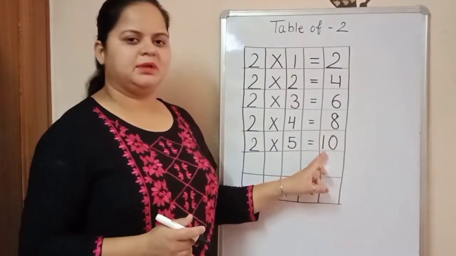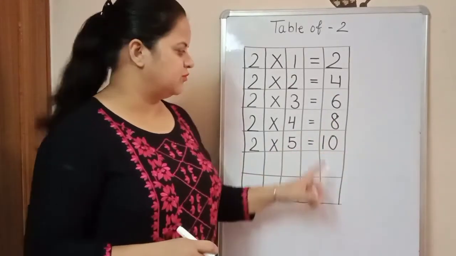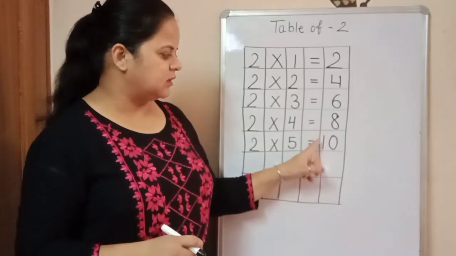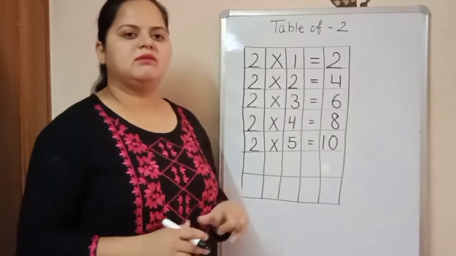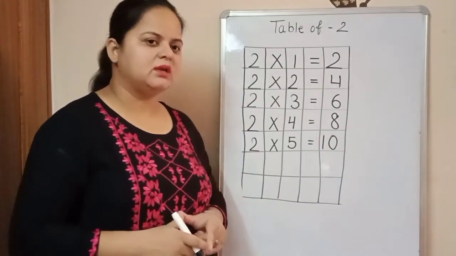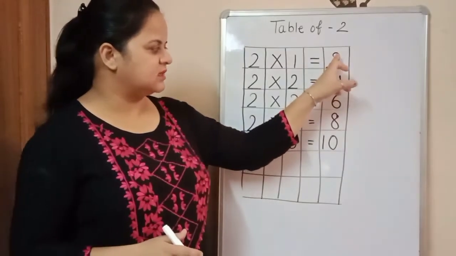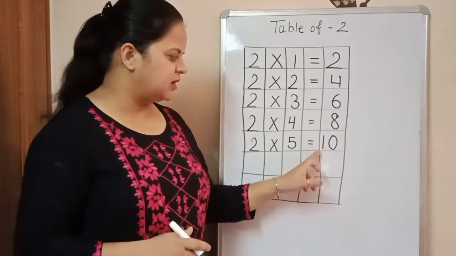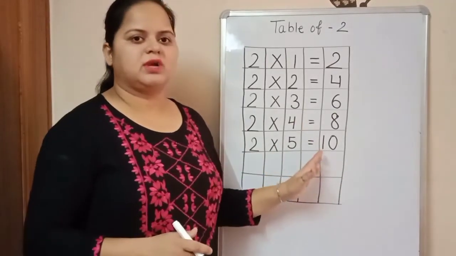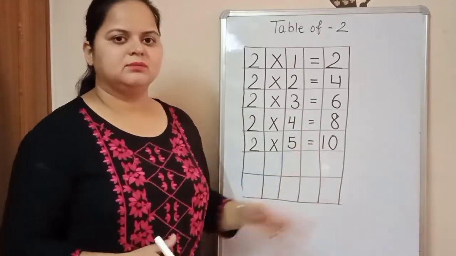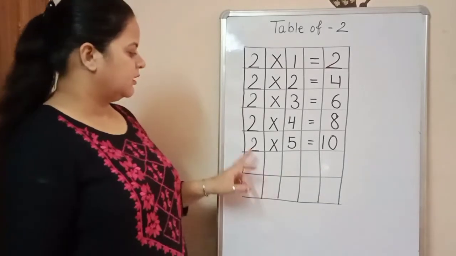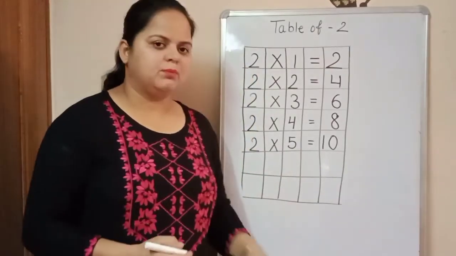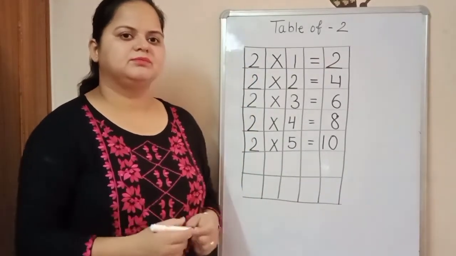This 1 will be placed on the tens place, on the left side. Always remember, beta, 0 comes below 2, 4, 6, 8 and we write 1 on this side. Okay? So now I hope you all have done this work.